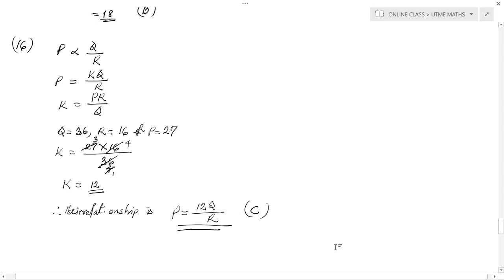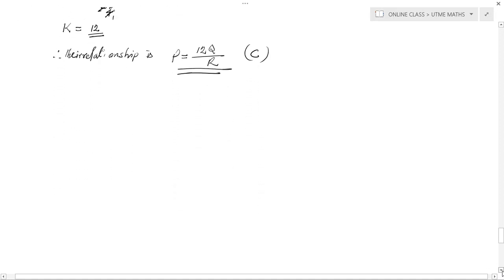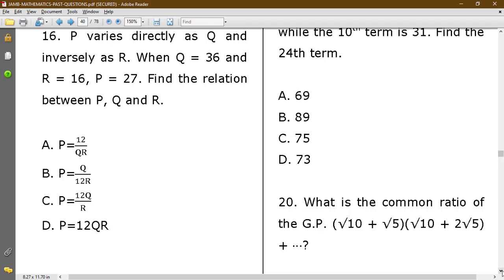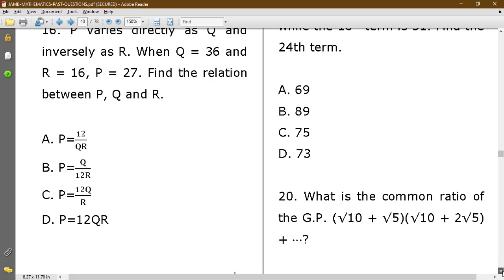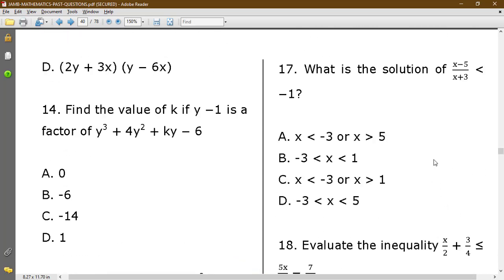The next thing now is to find number 17. Number 17, let's go there. I think I have to go up now to get 17. Now, 17 here, this is a technical question, you know.